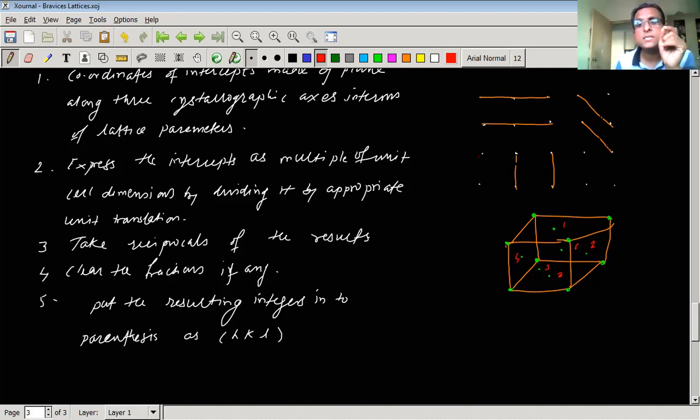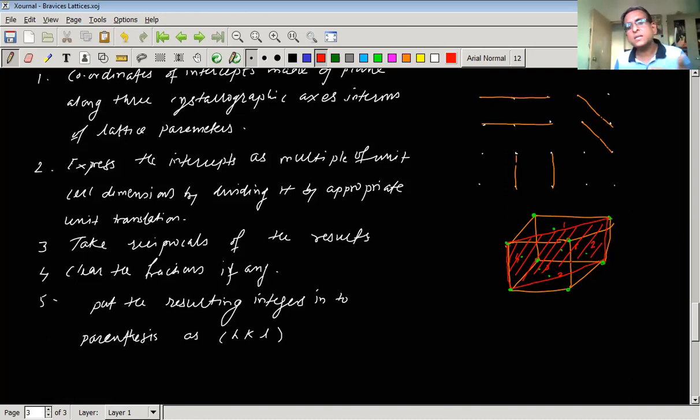Similarly, we can think of a different plane. For example, here in the same picture, I can draw, suppose you consider this plane. Which plane? The plane that I have drawn with the red. You can see here. This may be a plane within the cubic lattice.